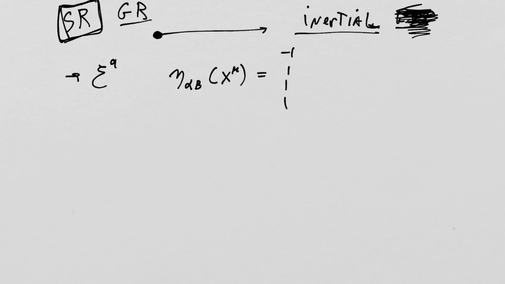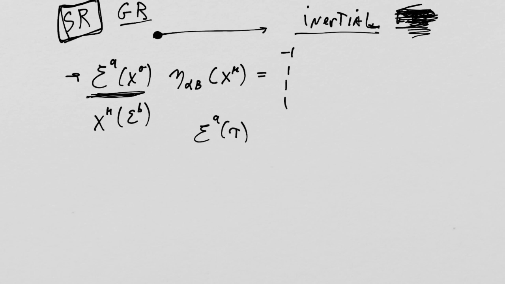But now we have this alternative coordinate system, x mu, and we know both of these functions. We know x mu is a function of the inertial system, and we know the inertial system as a function of x mu. And because we are dealing with an object that's just moving under no forces, in this coordinate system, I will now write down the path of that object. I'm going to call it EA of tau, where tau is the proper time of that particle moving in this inertial coordinate system.